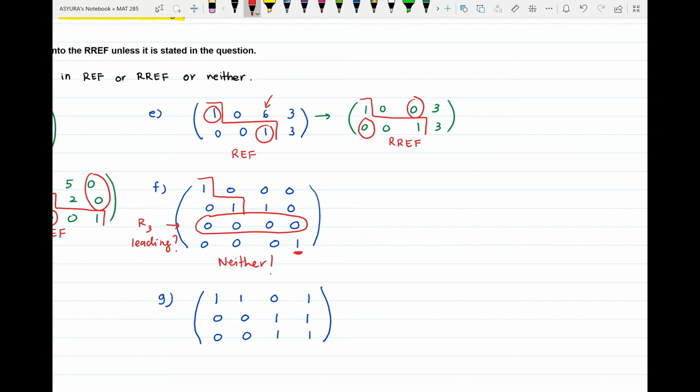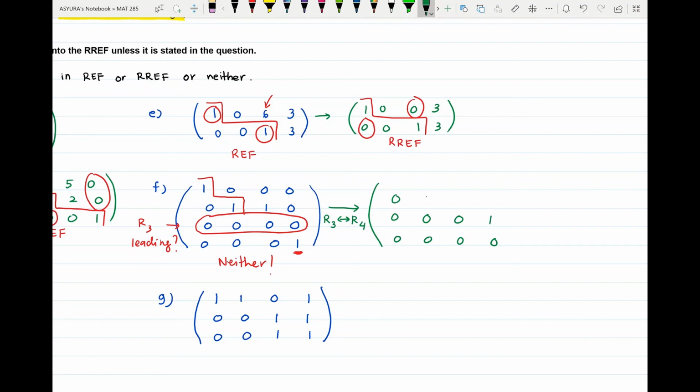This is the first condition in REF. If you reduce, it will become 0 0 0 0, meaning you interchange row 3 with row 4, and this one will be 0 0 0 1.